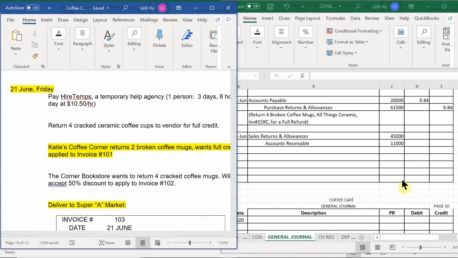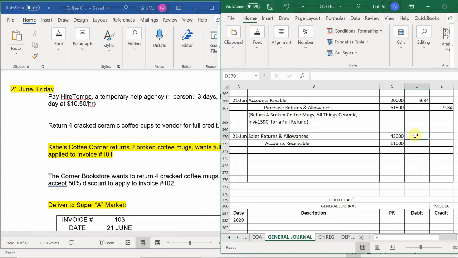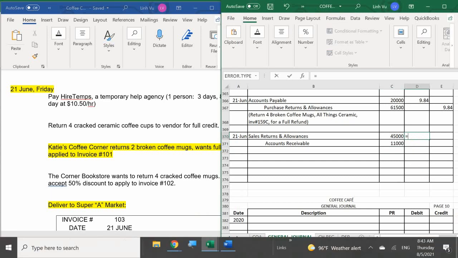Okay? So in this case, pretty straightforward. You could do your math in Excel. $4.99 times 2. She should get $9.98 back. So what should my note say?